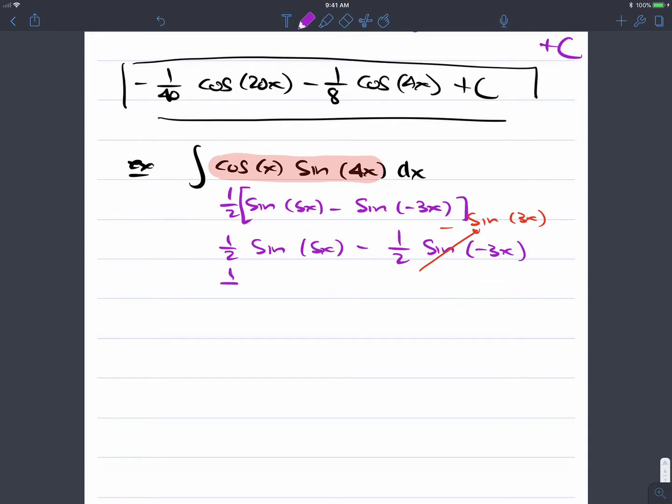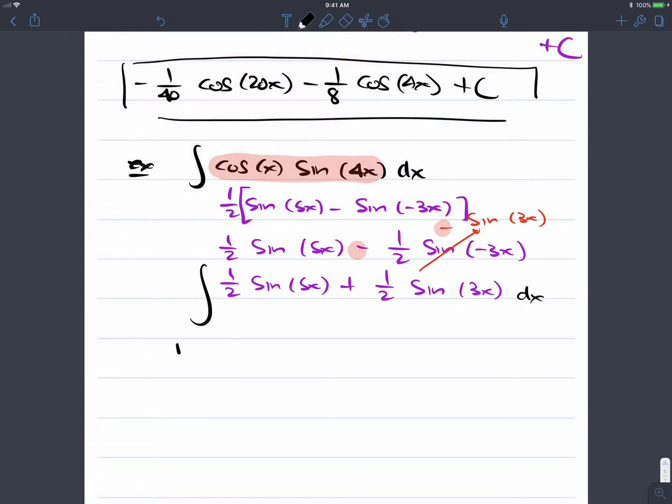Here's your final answer. 1/2 sine 5x. This now becomes a plus 1/2 sine 3x because you have two negative signs. A minus times a minus makes that a plus. This is what you're going to integrate.